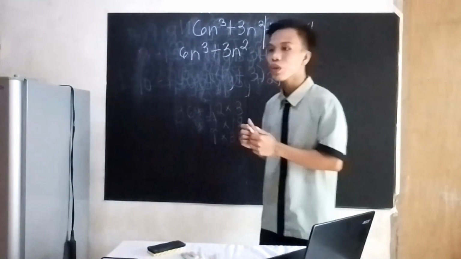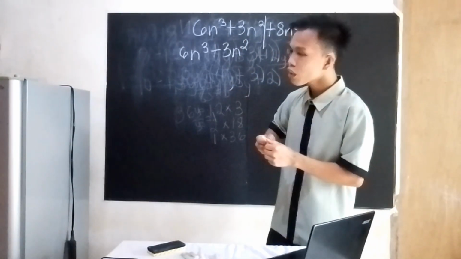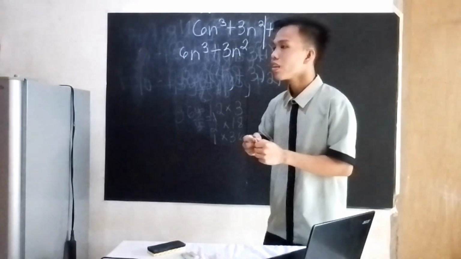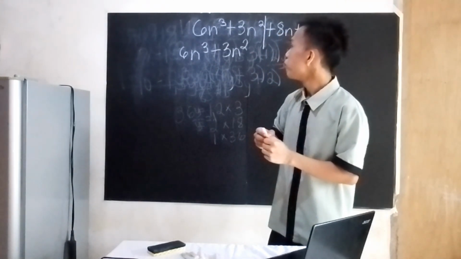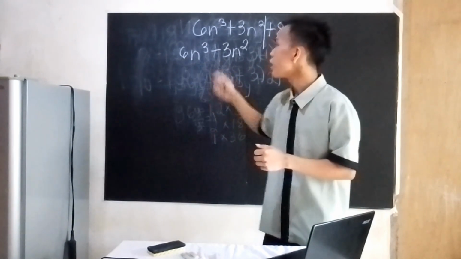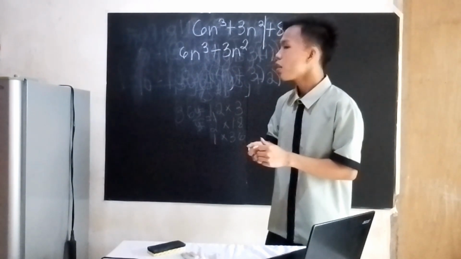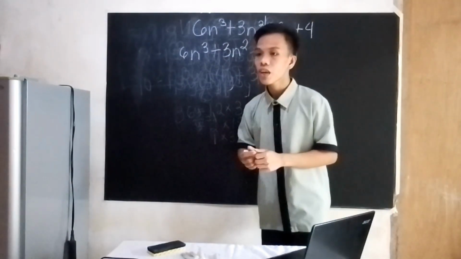That's right, so we are going to use the greatest common factor. Since Mark, you said that they have the same variable and they are both divisible by 3, can you perform the greatest common factor?